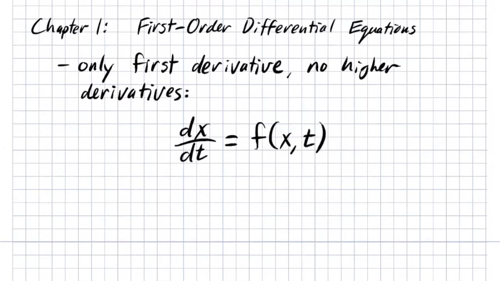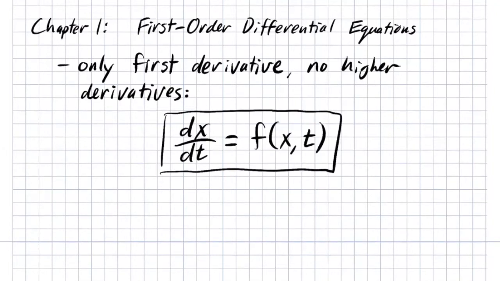The previous one that we saw with logistic growth didn't actually have time as a variable in the rate of change, but we will see differential equations where it's a function of both the quantity x and the time. So these are the types of equations we'll be looking at in chapter 1.